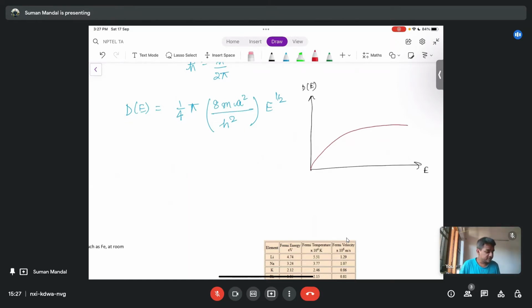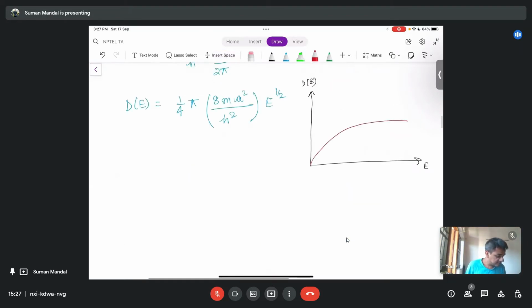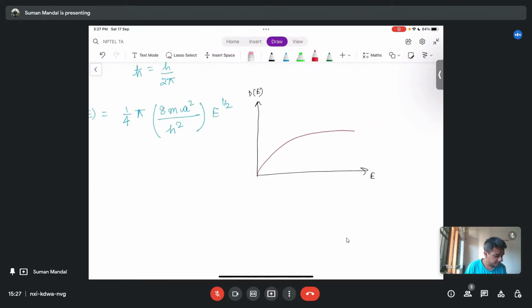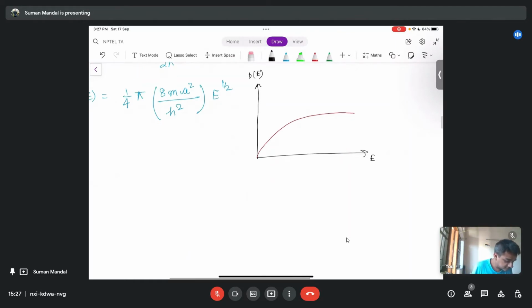Now on top of this, we have the Fermi-Dirac distribution, right? So let's say we'll again redraw this plot. In this case, we'll write E, but in this case, the Fermi-Dirac probability. So this is EF.